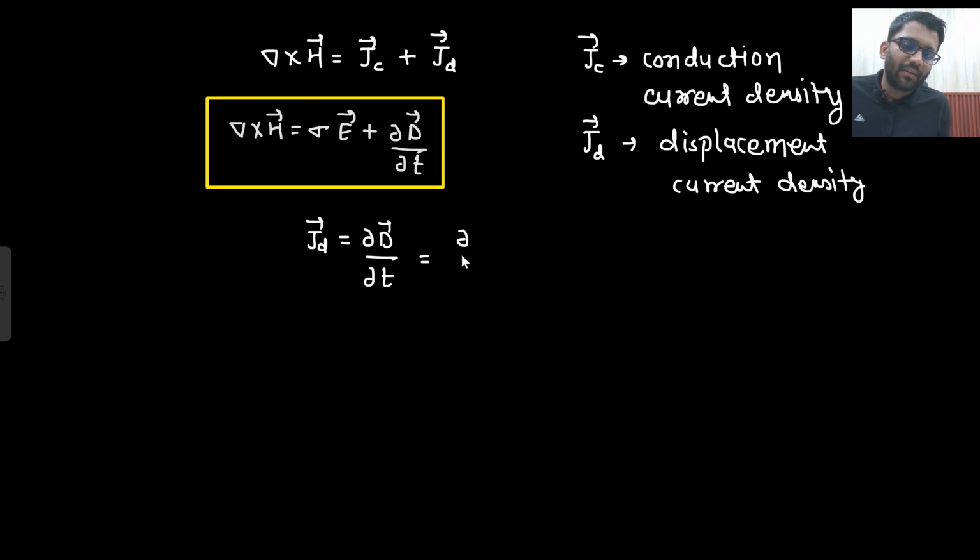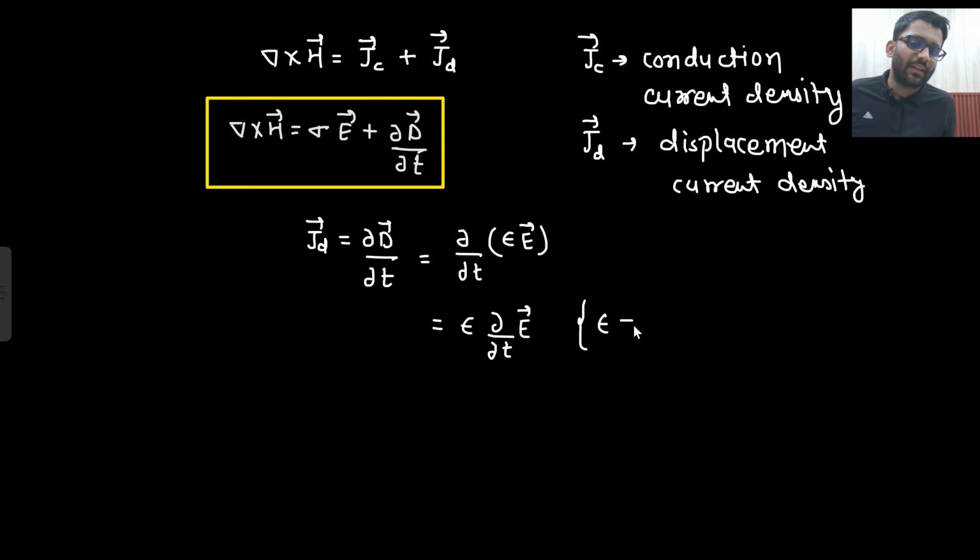Can I write D as epsilon E? And if I say that epsilon is not a function of time, then I can take epsilon outward. This is what I am considering. So what is my JD?